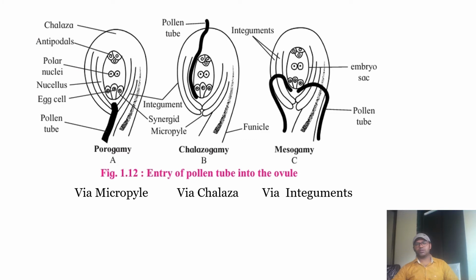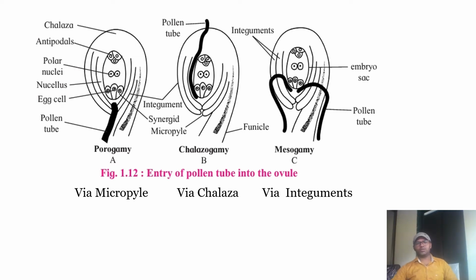So here you can easily see in the diagram they have reached into the ovule, and they are now going to enter the embryo sac.